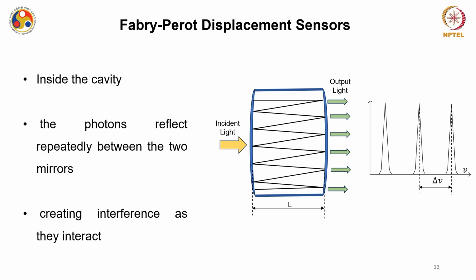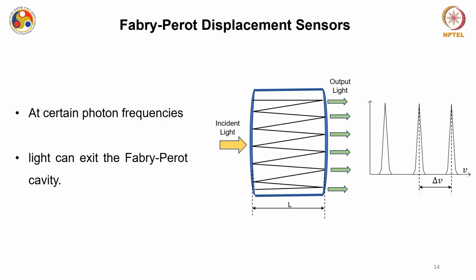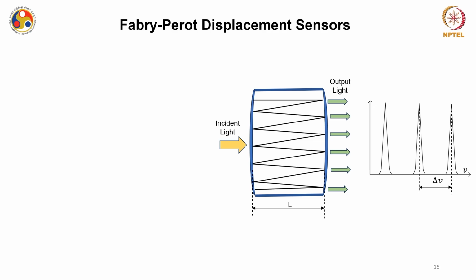When they are reflected between these two mirrors, they interfere with each other. At certain frequencies, light can exit from the Fabry-Perot cavity. Of course, 99% will be reflected, and 1% or less is coming out of this cavity.